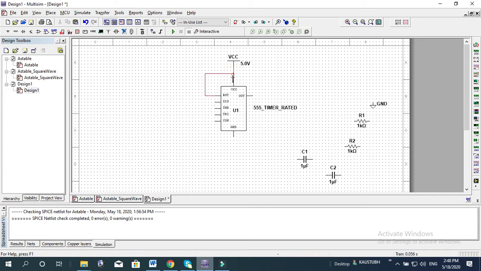Then this resistor, let me flip it. Okay, so it will be in between here, this reset and this source. Okay, this threshold and trigger get connected together. Okay, then this resistor again, let me flip it. This will be connected here.